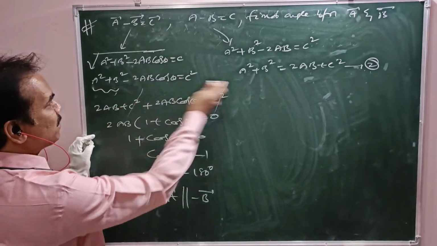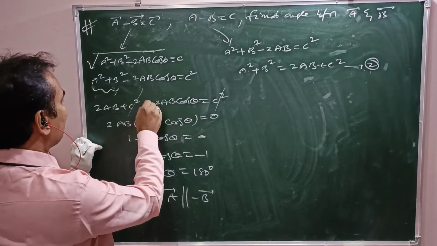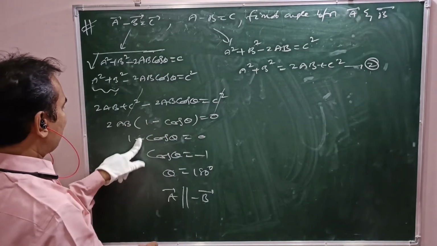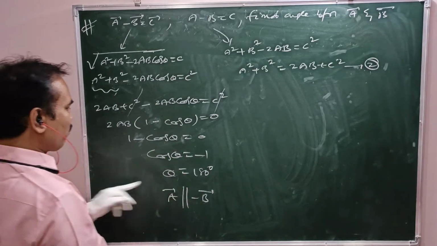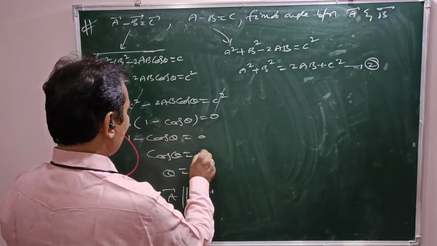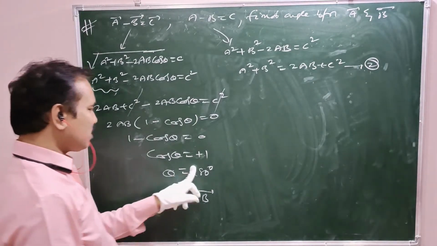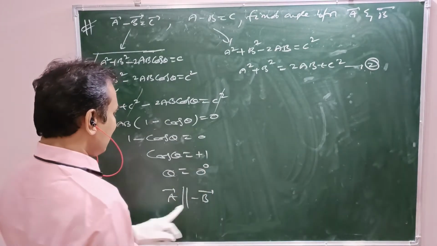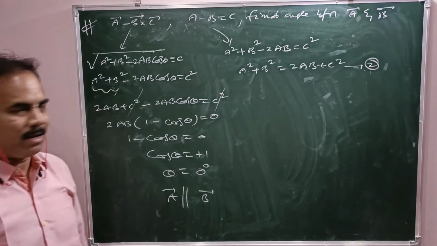A square plus b square means so and so, but a small variation, that is negative sign here, negative sign here, that is cos theta equal to plus 1. Now cos theta equal to plus 1 means theta must be equal to 0 degrees. That is A bar parallel to B bar, right?